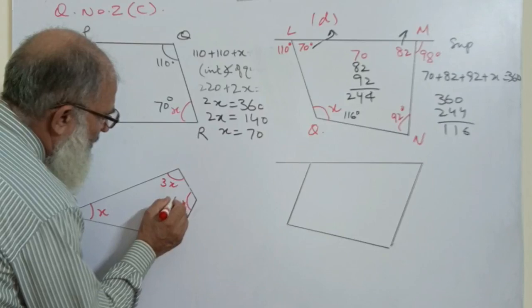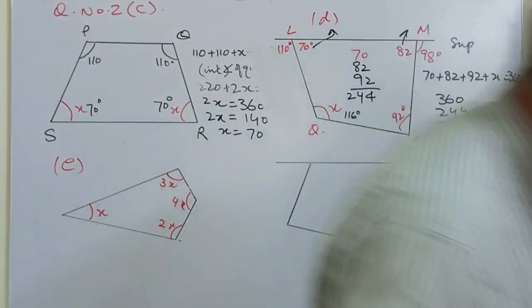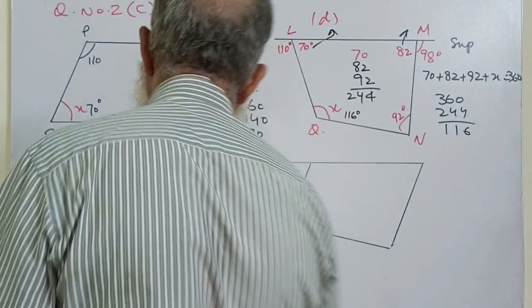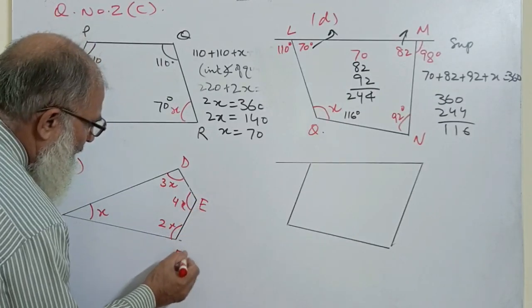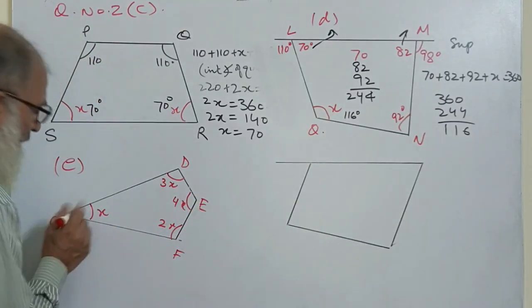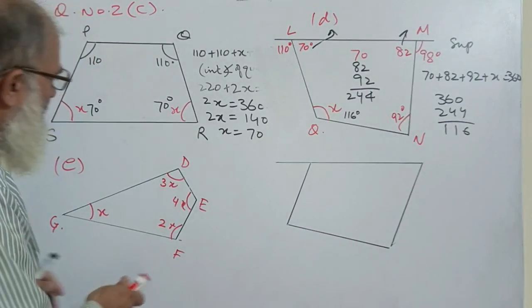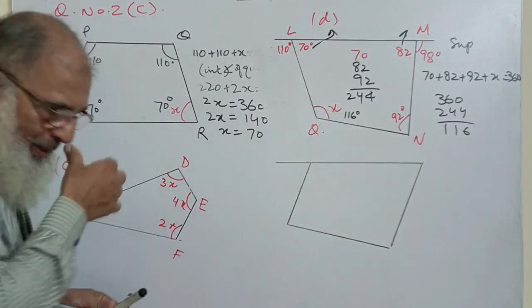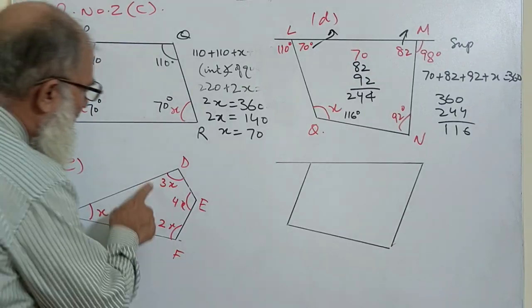Part E. 3x, 4x, 2x, and x. Now it is sort of a kite over here. So again we have to find an unknown angle with the help of known angles.